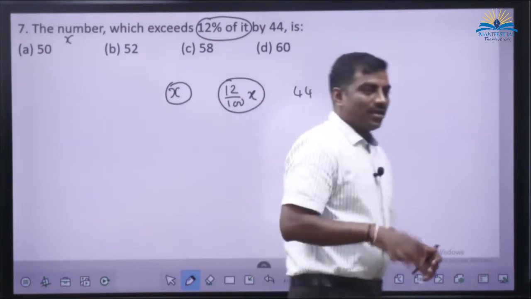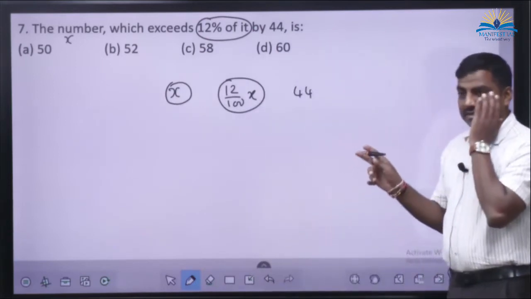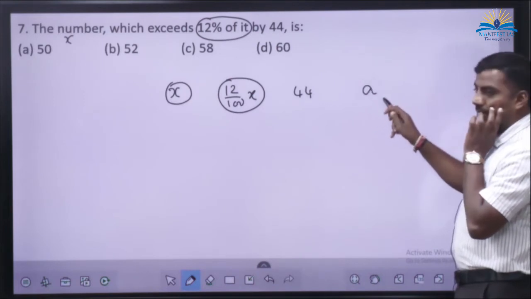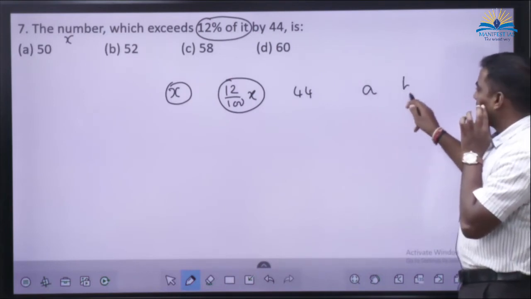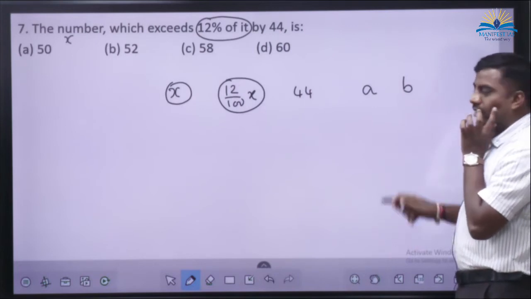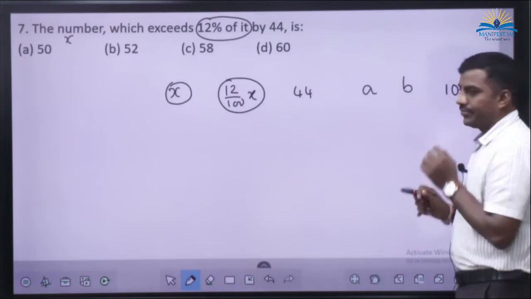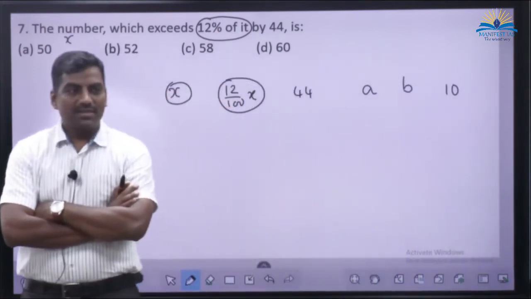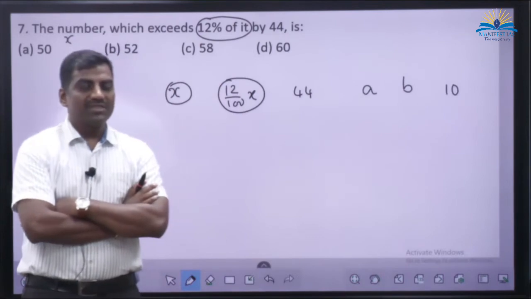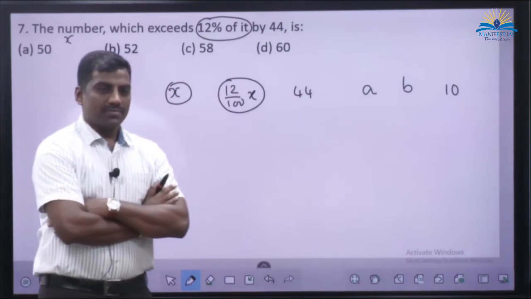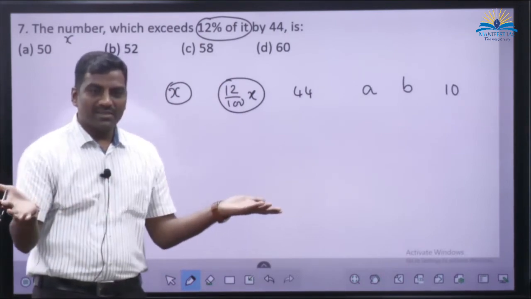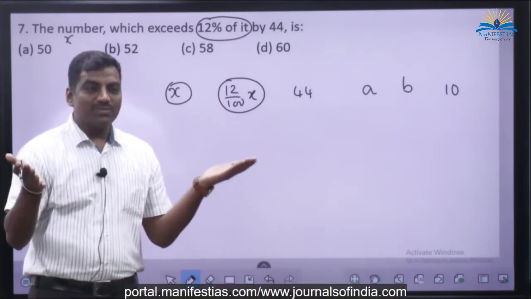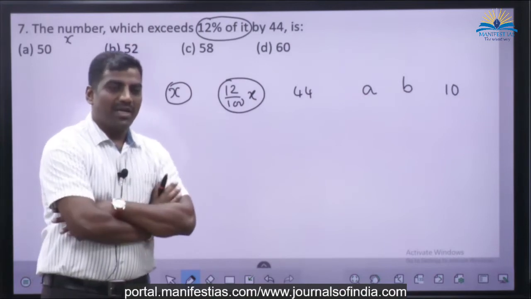Okay. I'll give one more example like this. A exceeds B by 10. Tell me which is more, A or B? When you say A exceeds B by 10, what does that mean?